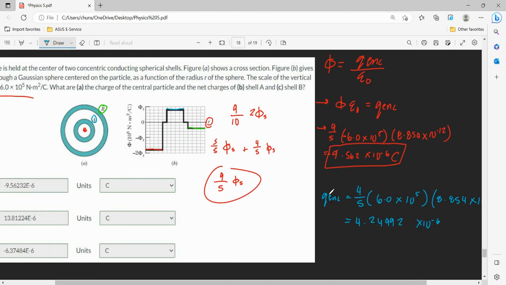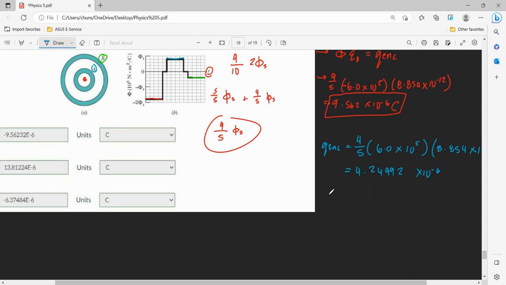Okay, but we are not quite there yet. So in order to find our net at A, we have to take our enclosed charge and subtract our first one, which is Q central.